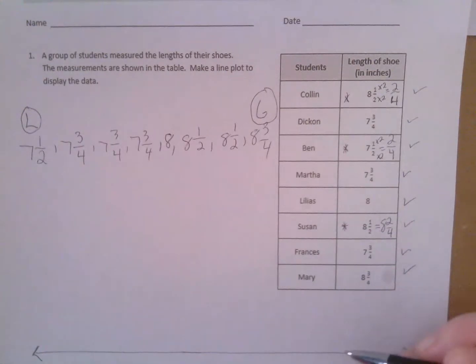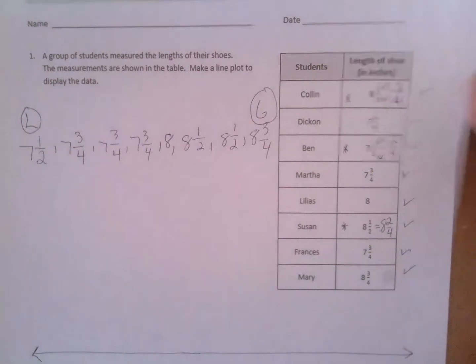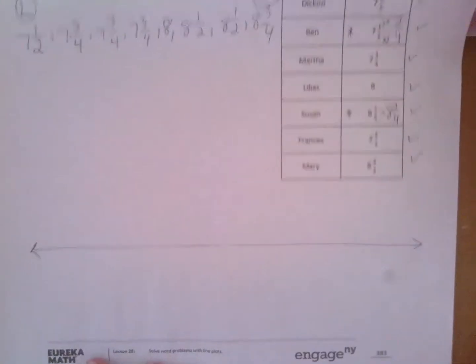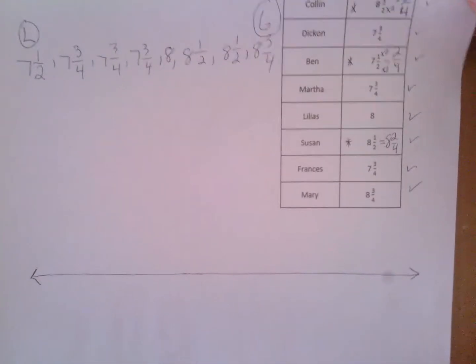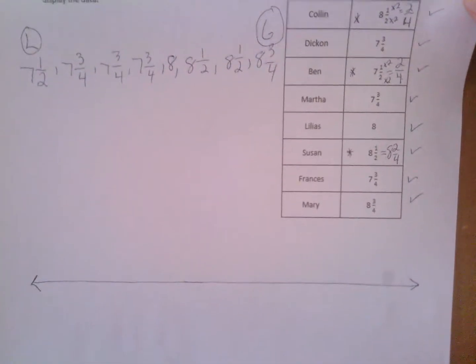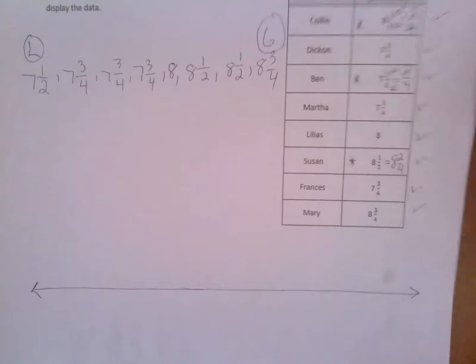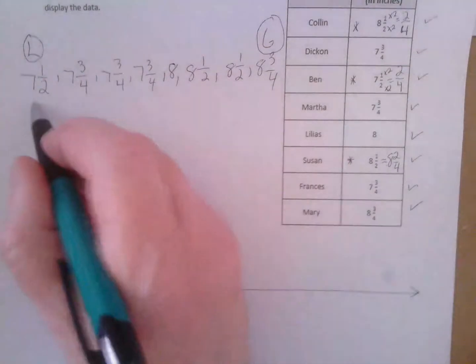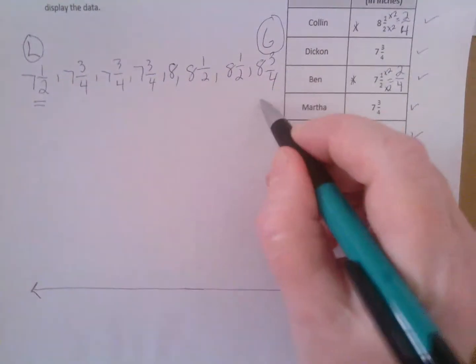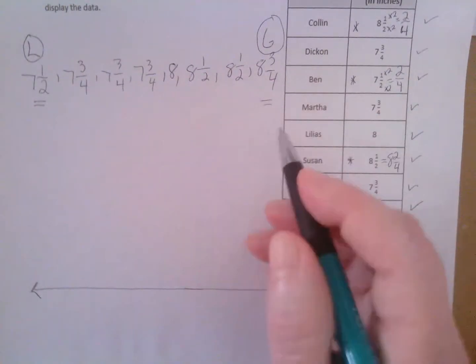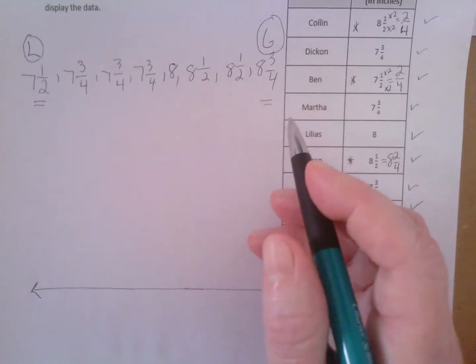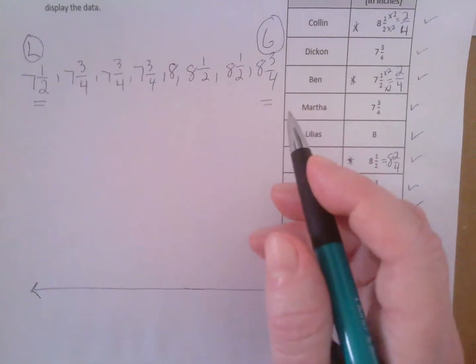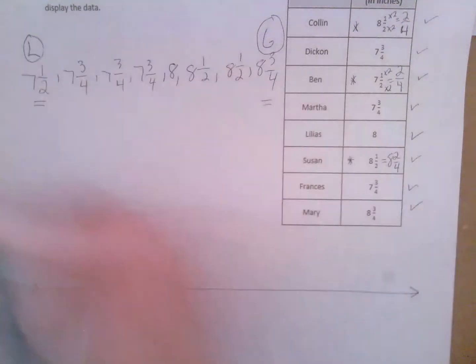Now, what will the endpoints on our number line be? So we look down here on our line plot, and if I look at my data, the smallest number here is 7.5, and my largest is 8 3/4. I want to find numbers that would include all of these.